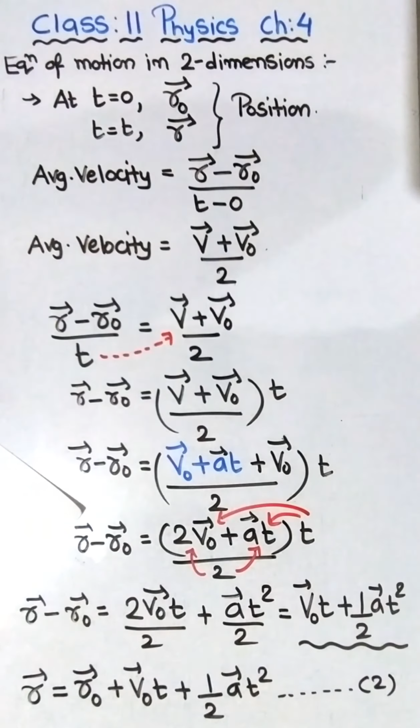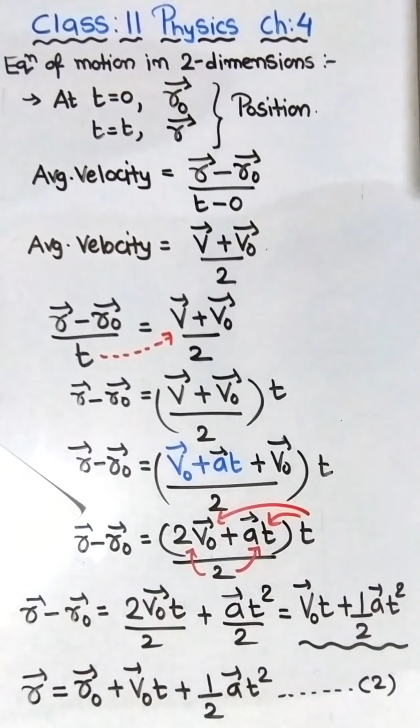Now what about the components? We still have to split this into its components. So what will we have to change? We'll just have to replace r, v and a by x and then by y.